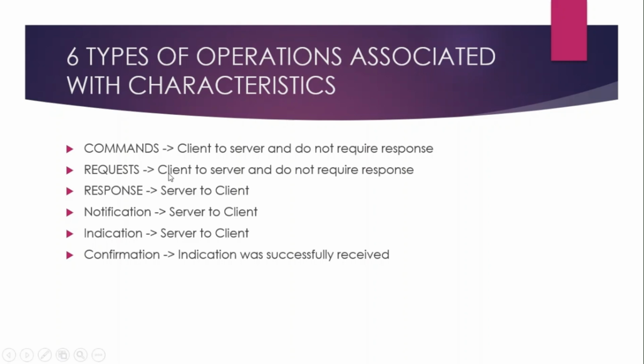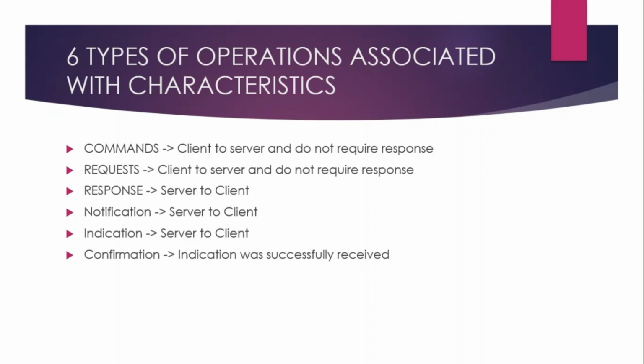Why is this notification sent? Basically to let the client know there is a change in a particular characteristic. For example, whenever the server changes a temperature characteristic, the client is notified. And the fifth type is indication. It is basically sent from the server to the client.